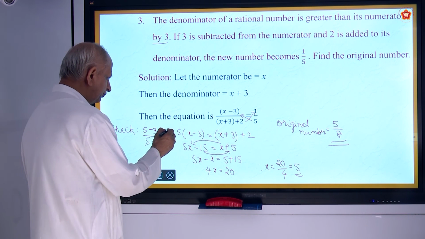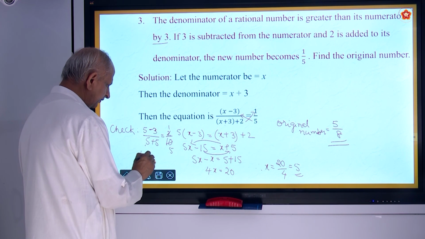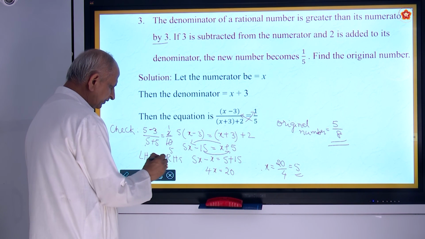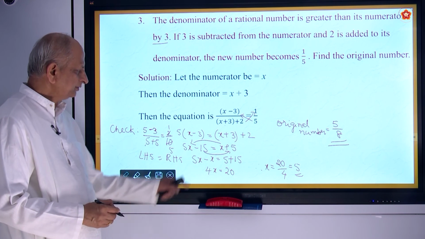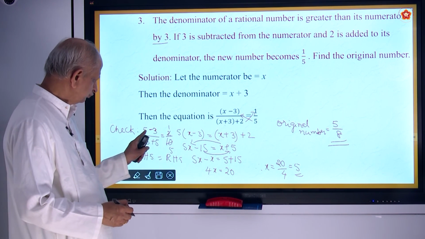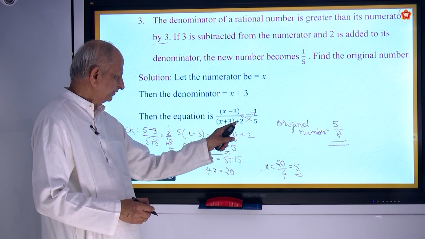That is 1 by 5. So left hand side is equal to right hand side. So what you have done is correct. Followed? X is 5, 5 minus 3, that is 2. And that is 5 plus 5, 10.